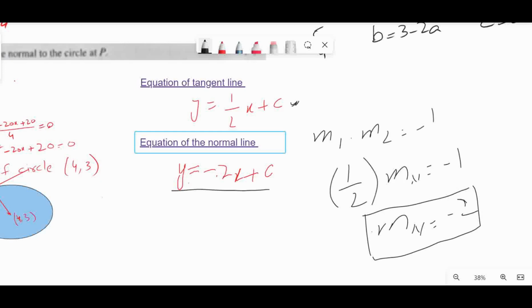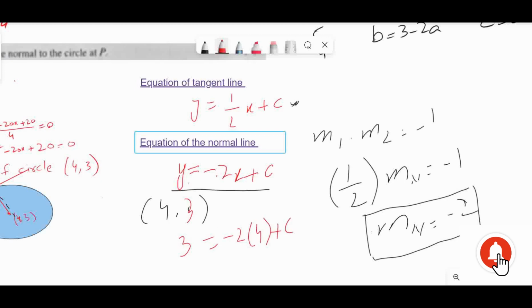Now as we know that this is the normal line, we can use this point 4 and 3. Simply put 4 and 3 in this equation to find the y-intercept. So 3 equals minus 2 into 4 plus c, and finally c equals 8 plus 3, so this will be 11.